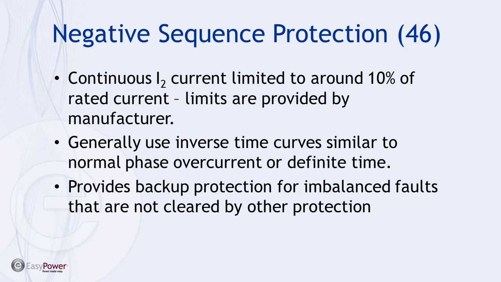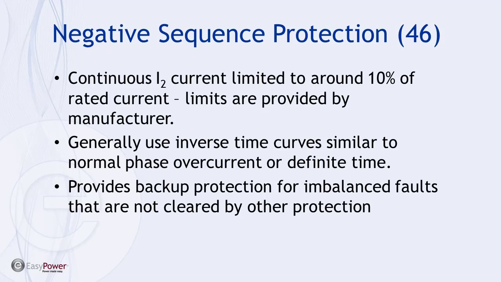In the IEEE guides, they have some recommendations for different types of machines, but ideally you would get this from the manufacturer. So you can use inverse time curves similar to normal phase overcurrent, or you can use some kind of a definite time where if it's above a certain value for a certain amount of time it's going to trip. So there's usually two levels of protection that you're going to provide.